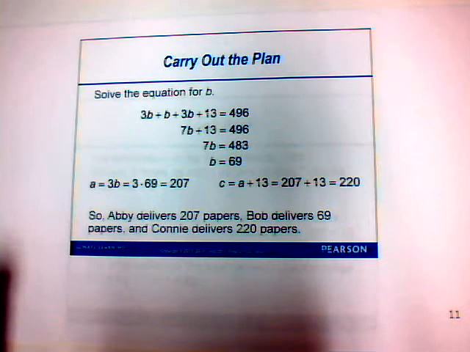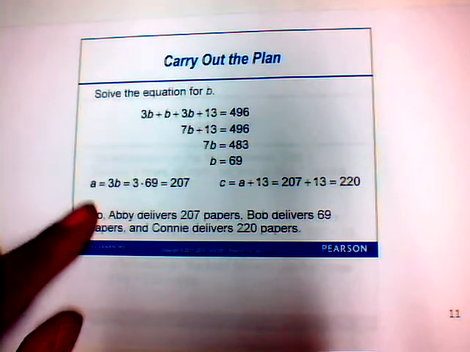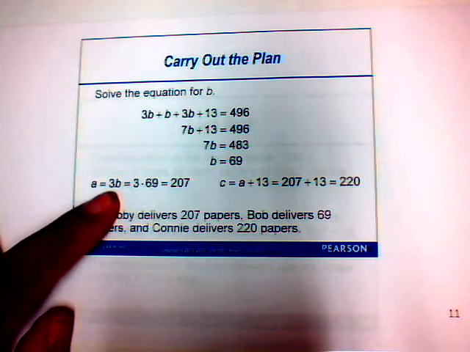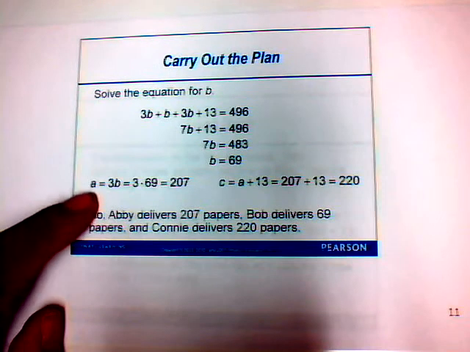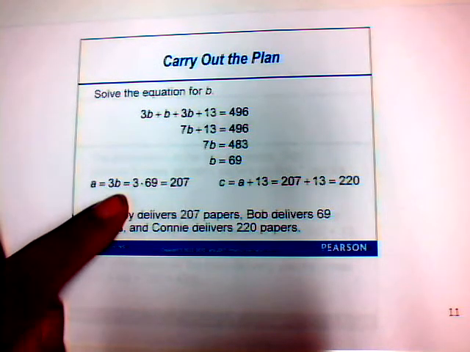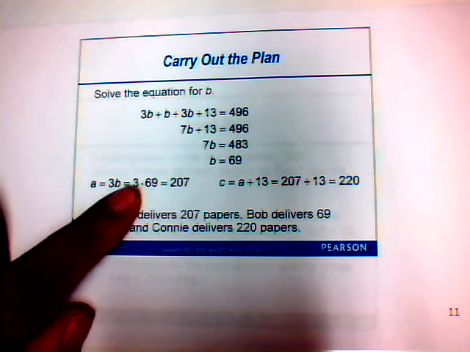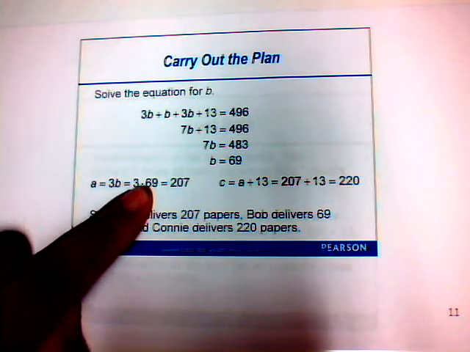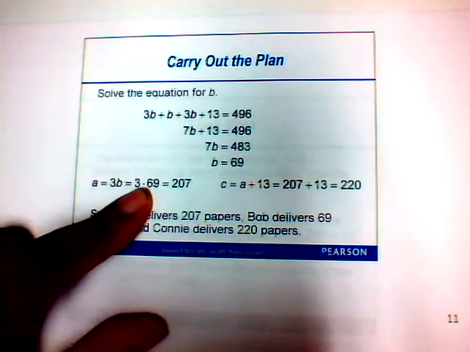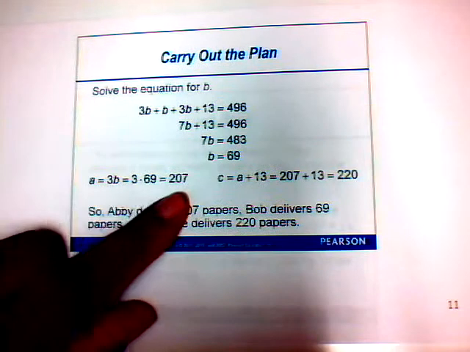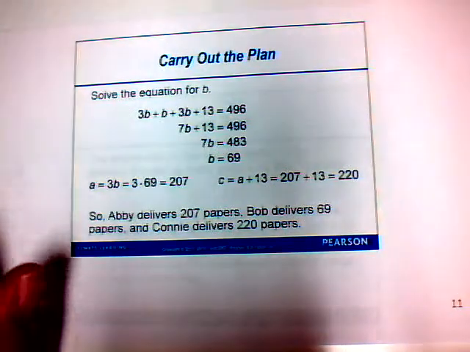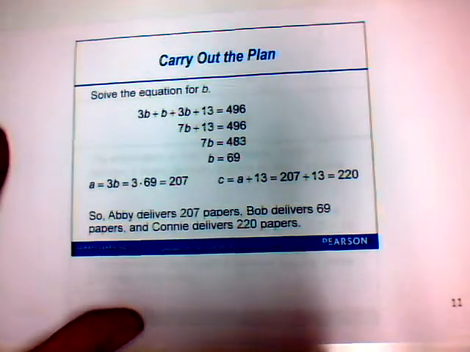Now we need to find the number of papers that Abby delivered. A is equal to 3B. That's 3 times B. Well, B is 69, so we replace the B with 69 in that expression: 3 times 69 gives 207. So Abby delivered 207 papers.